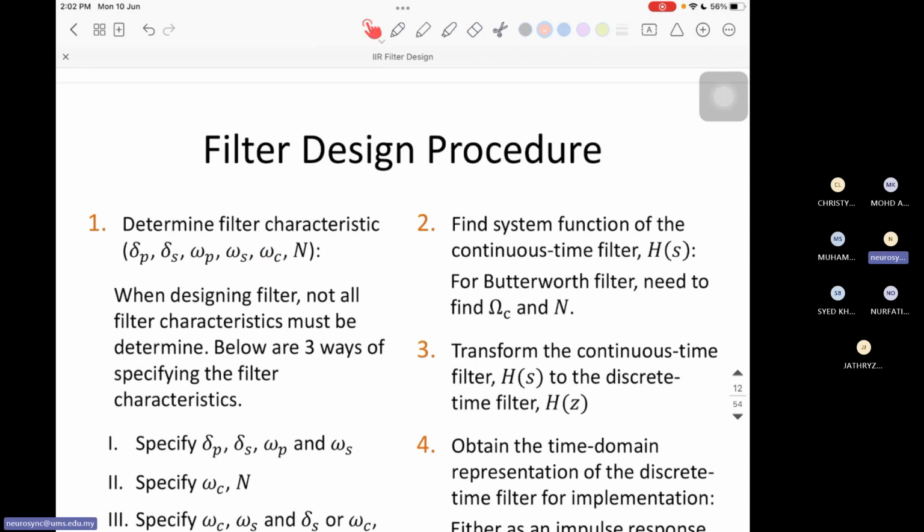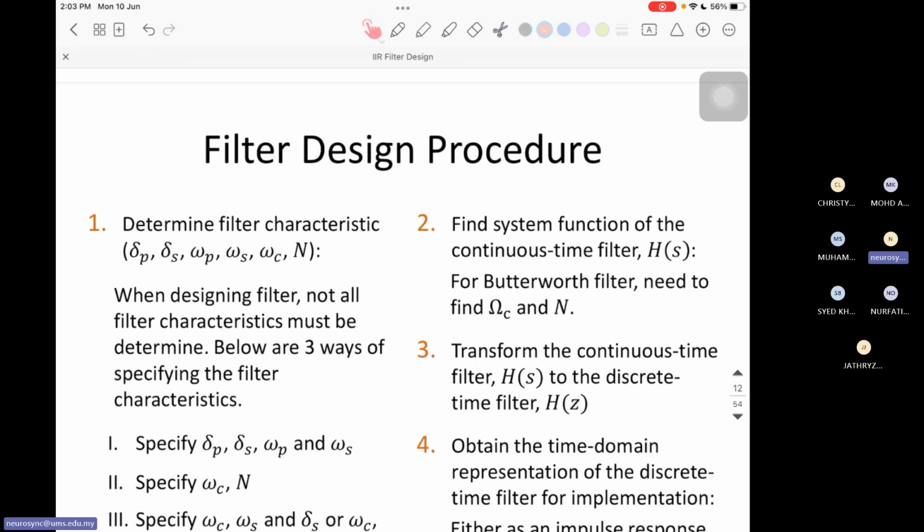In the design process of this filter, the first step is to determine the filter characteristics. Sometimes in a design example some characteristics will be given, but some we need to find out. So we should know these characteristics. The first step is to determine the filter characteristics.